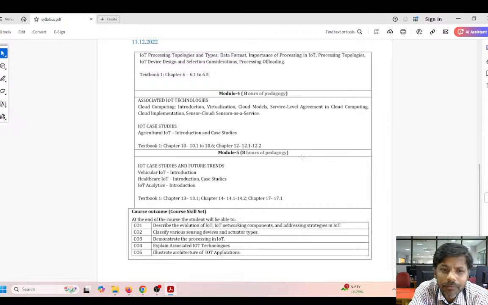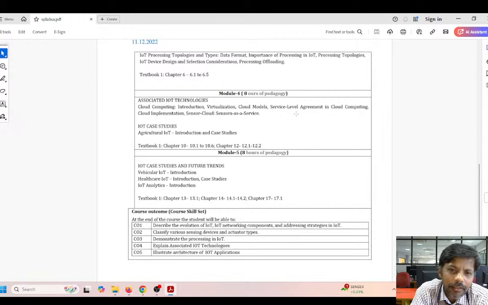All those it comes in the associated IoT technologies, especially the cloud computing, so virtualization and the service level agreement, and the sensor as a service. So all these things means after data has been stored, how we are going to compute that data or analyze the data. So this comes under the associated IoT technologies.